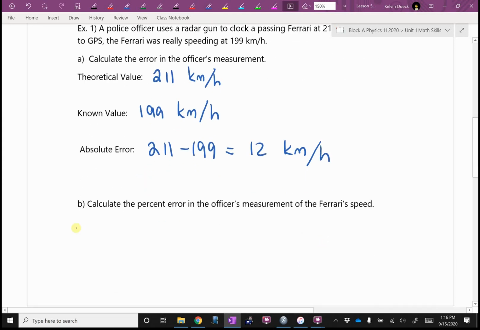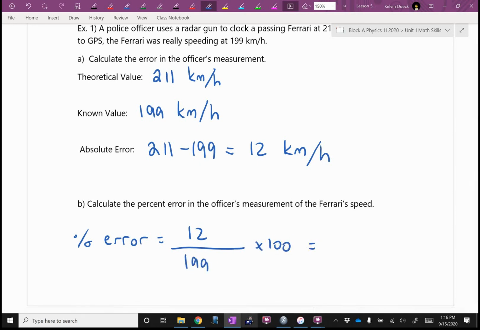So the percentage error, that's going to be the absolute error, 12, divided by the correct value. Which value is correct? And then you multiply it by 100 to turn it into a percent.